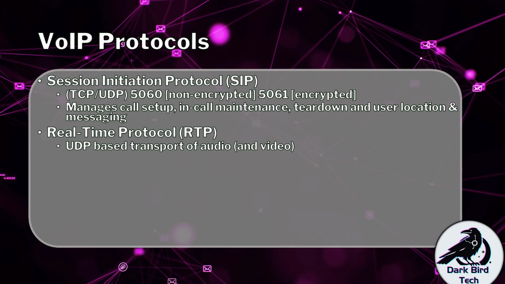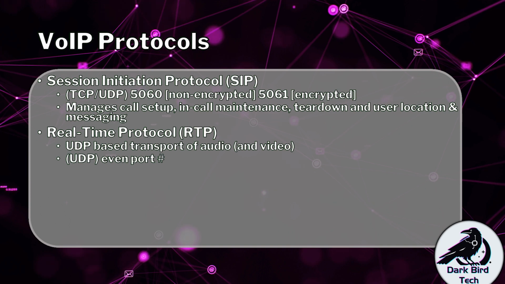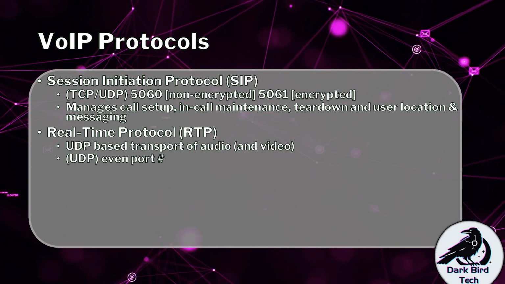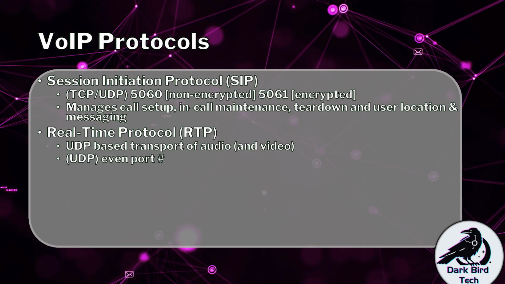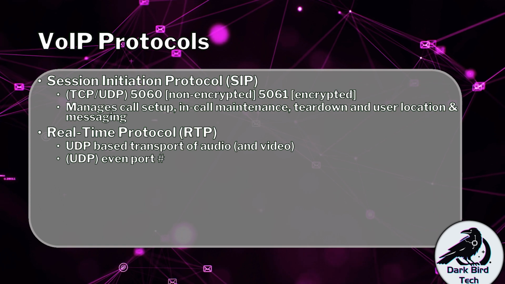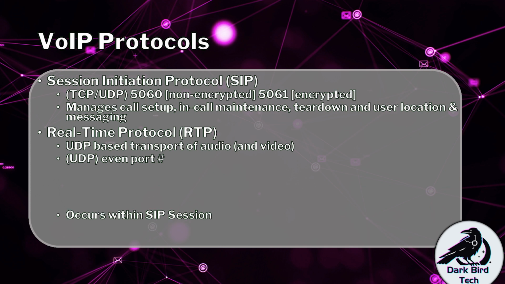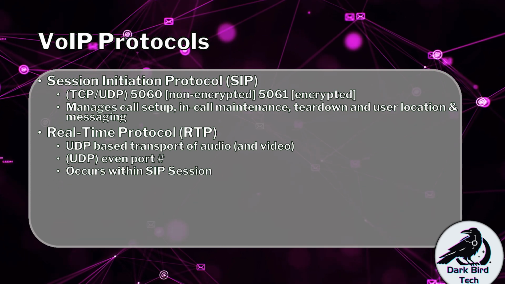And what it does is it doesn't have a specific UDP port number. It'll use evenly numbered UDP port numbers for every single segment or packet being transmitted through the network. So it'll start at 0, then go to 2, 4, 6, 8, you get the idea. And this runs within the SIP session.